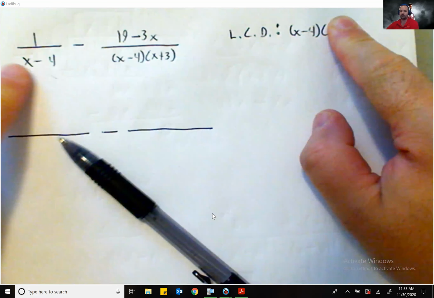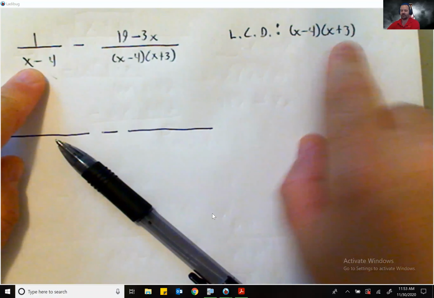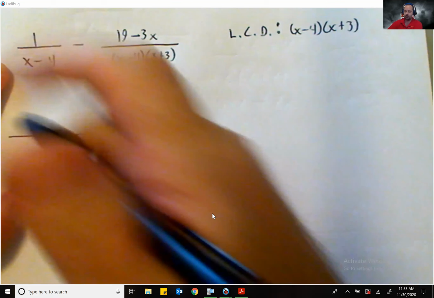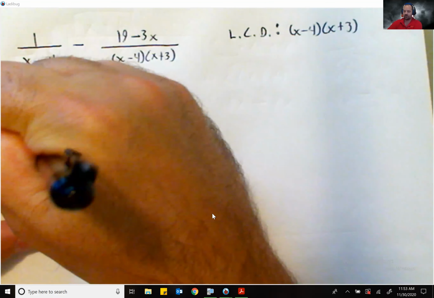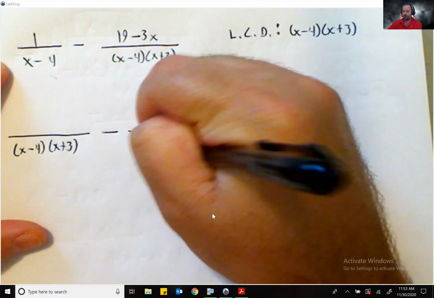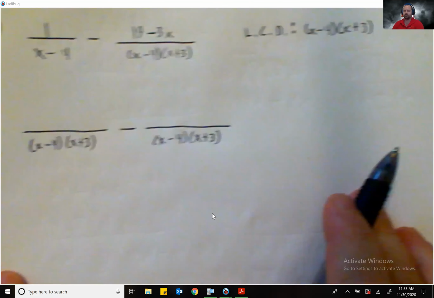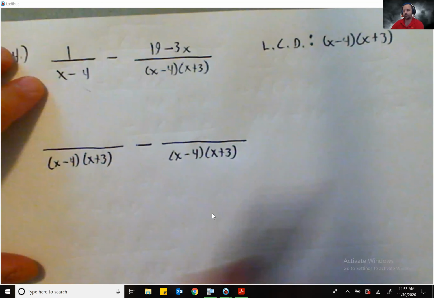And when I uncover that, both of these make up the second denominator. There's our common denominator.